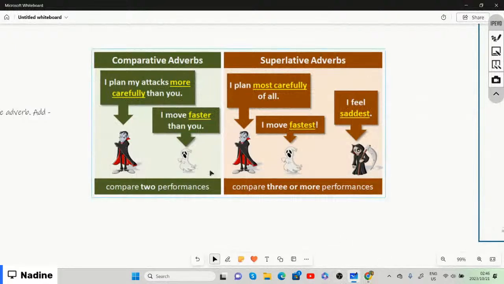So if it is more than one syllable, we use more or most. More for comparative, most we use for superlative adverb.